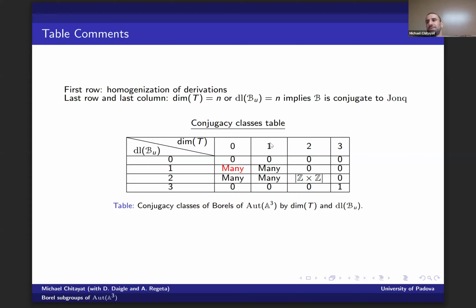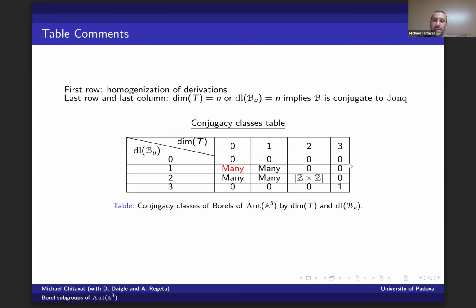You can always find a bigger connected solvable subgroup that consists of the torus multiplied by some unipotent part, some unipotent guy. And so that explains why your first row is 0. There are no conjugacy classes of Borels that consist only of a torus.